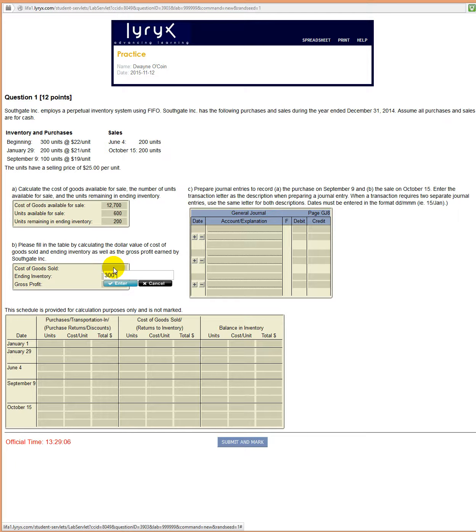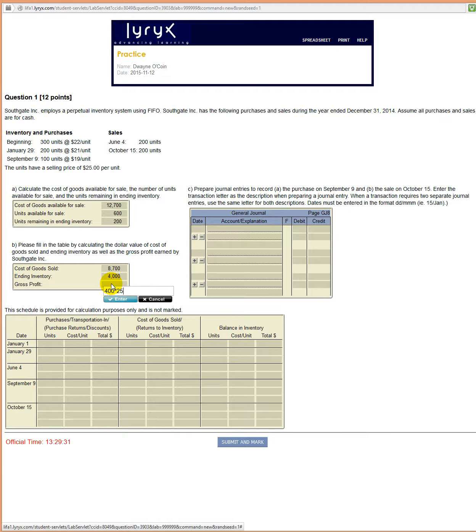So we can take the 300 times 22 and add 100 of the $21 items, and that's 8,700. Ending inventory will be the newest 200 units. So it's $4,000.